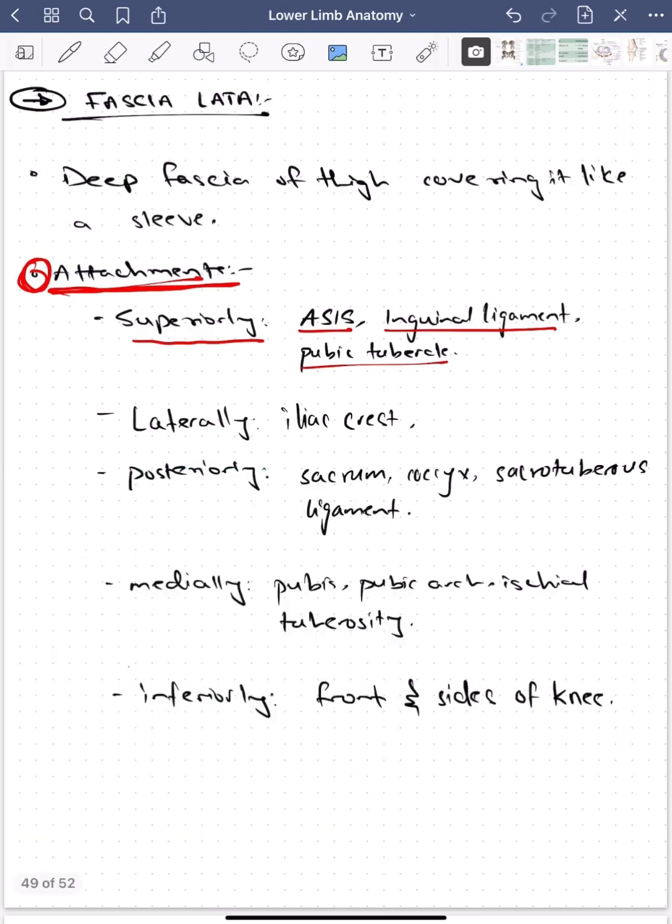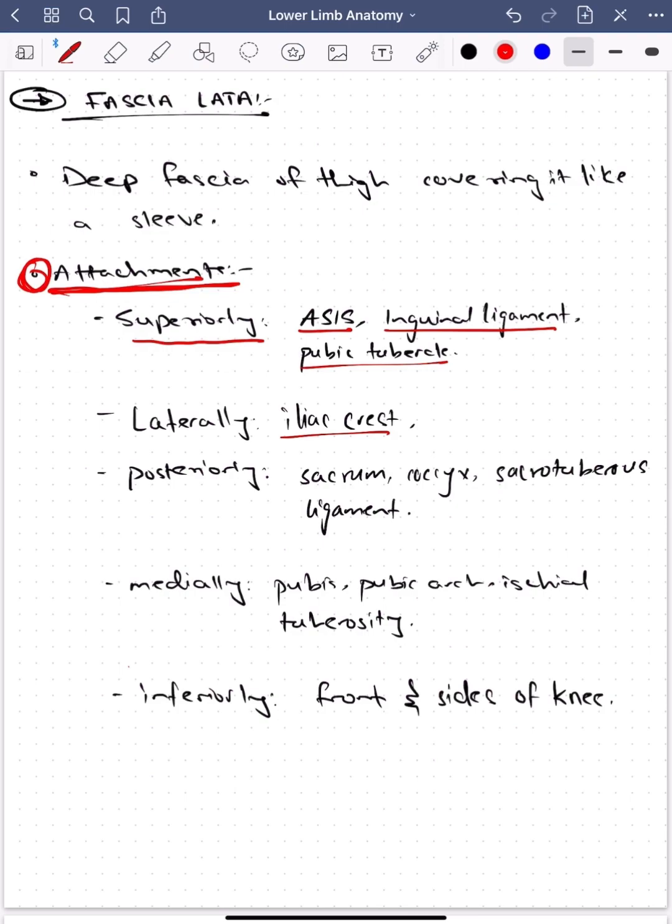Next, laterally we have the iliac crest. I want you to visualize this in your mind and go through this with me. So anteriorly we have the anterior superior iliac spine, inguinal ligament, and the pubic tubercle. Laterally, the iliac crest. Posteriorly, what do we have?